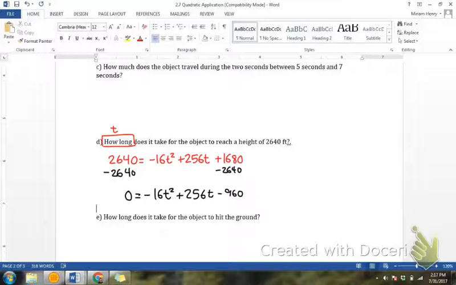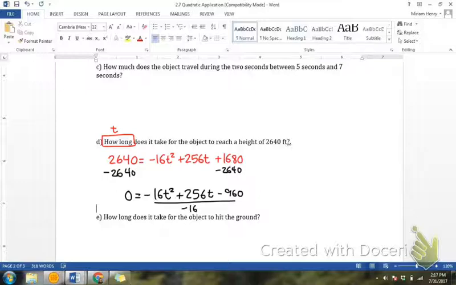The hint for the greatest common factor is to see if that leading number can divide into all of them. So if I were you, I'd see if 16 can divide into all of them. And I would divide by a negative 16.